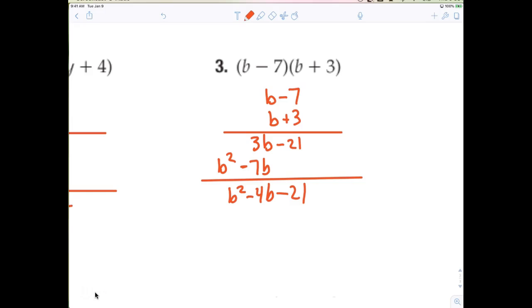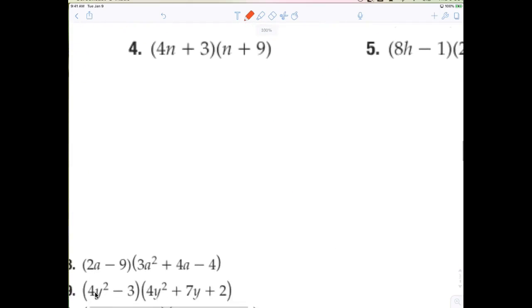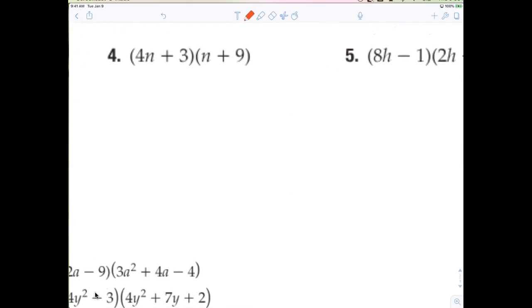It does get a little bit harder as we go down, because we'll be doing a trinomial, but still nothing difficult. So now let's see how good you are. 4n plus 3 times n plus 9.